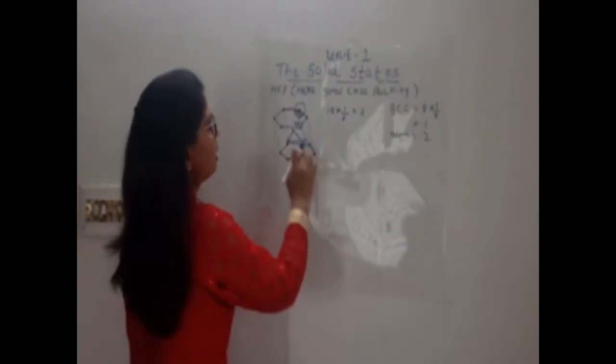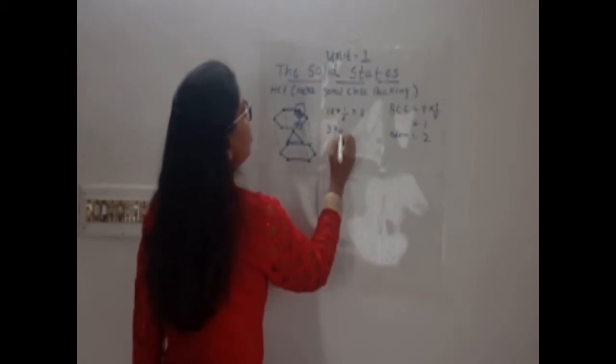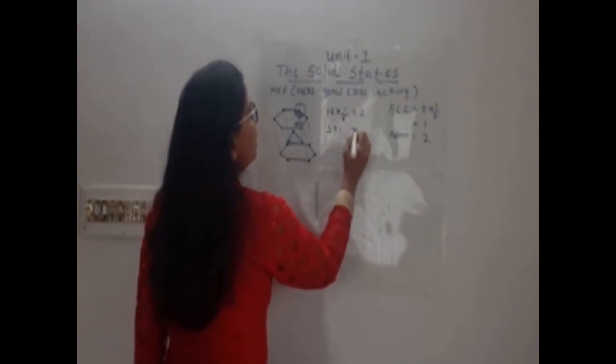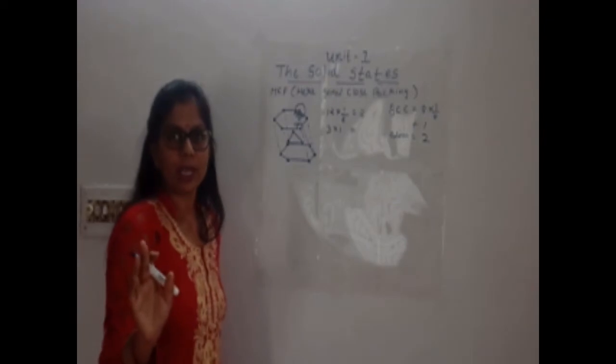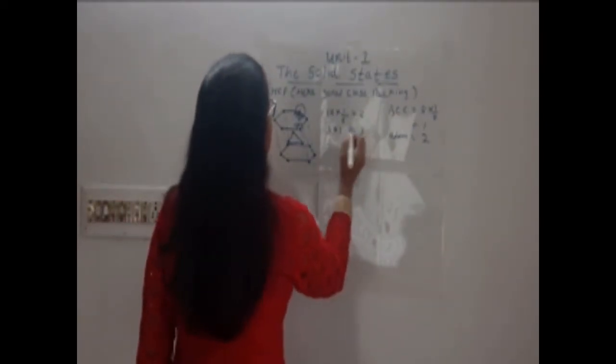The same way here, this sandwich is 3 into 1 only. Why? Because it is not shared with any of the other faces. So here the number of atoms is 3.